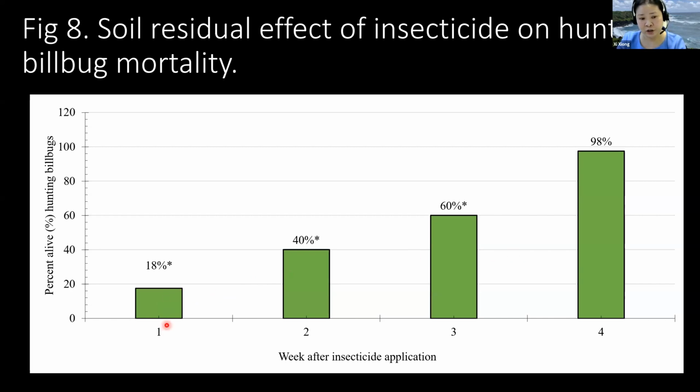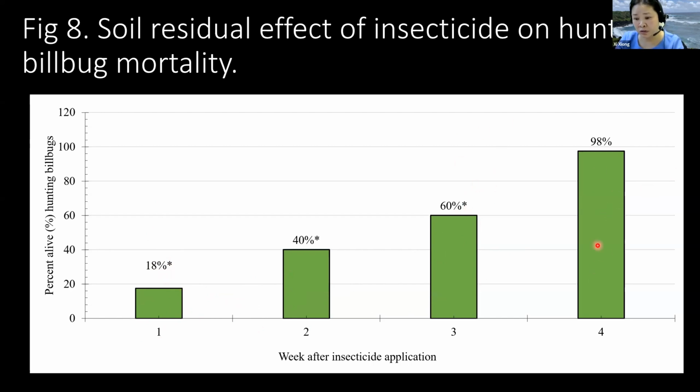This graph summarizes the result of that experiment. It shows that at 1 week after the pesticide was sprayed, less than 20% of the billbugs exposed to those plugs survived. So 80% were killed because of the presence of the insecticide we applied. But as the weeks go on, by 3 weeks after, 60% of them survived and only 40% were killed.